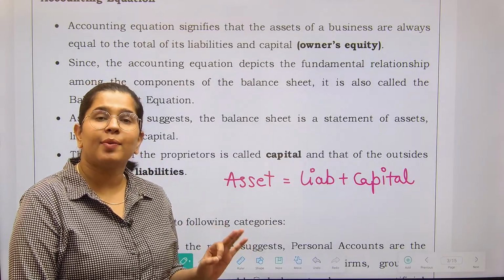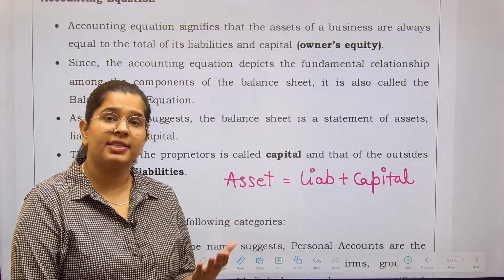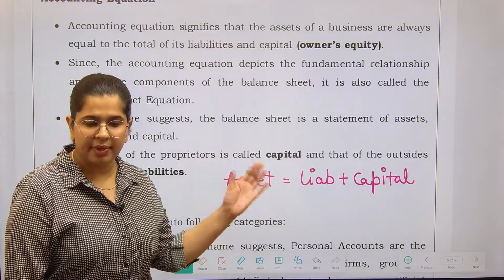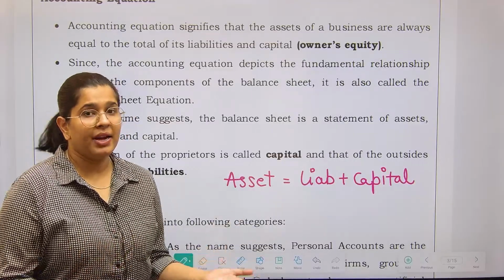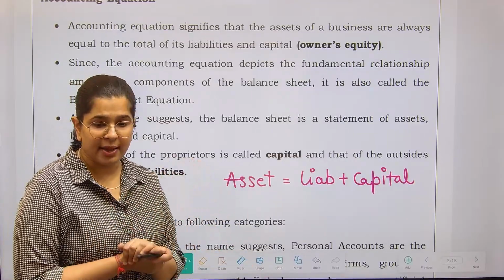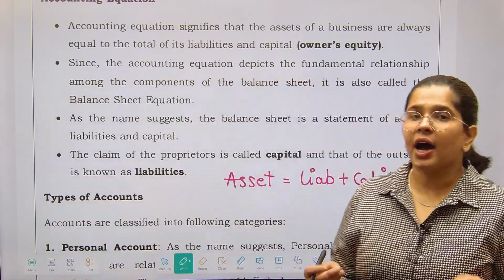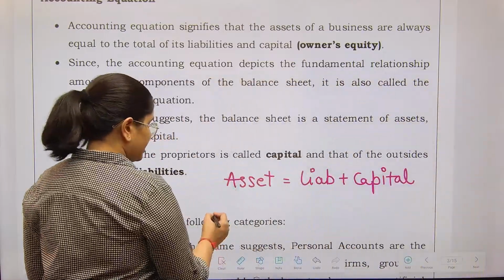Yesterday we saw the principle of duality, and the principle of duality tells us that if there is any transaction, it impacts assets, and at the same time it also impacts your liabilities and capital. Now it depends on the nature of the transaction. For example, if I have purchased goods worth 10,000 on credit, then obviously it is going to increase my stock.